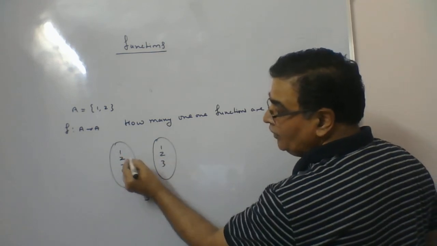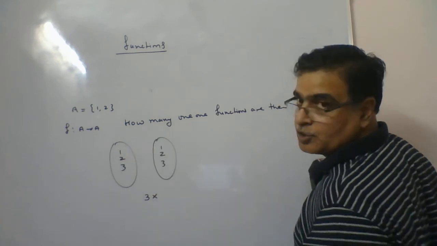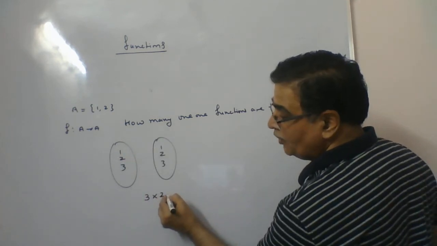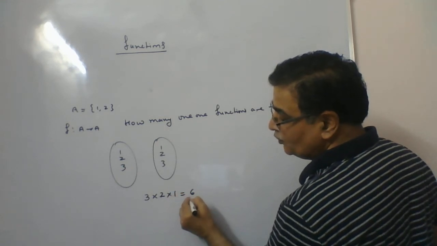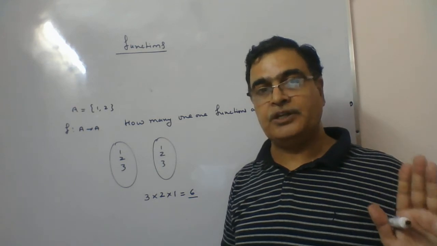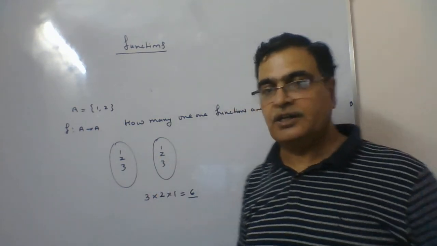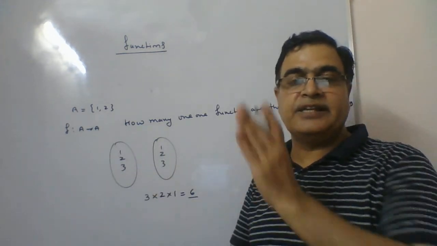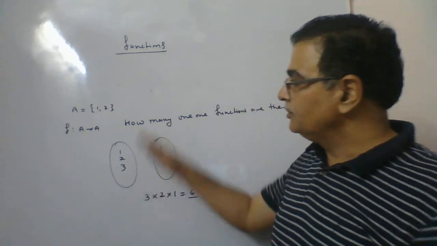Now, 2 will have only 2 options because whatever 1 has decided will not be taken by 2. So the second element has 2 choices and then the third element has only 1 choice. So we'll say total 6, so 6 one-one functions will be there. So this way you can decide how many one-one functions are there. If there are 4 elements, then I'll say 4 × 3 × 2 × 1. That way we'll be having the function. So next time we'll continue.